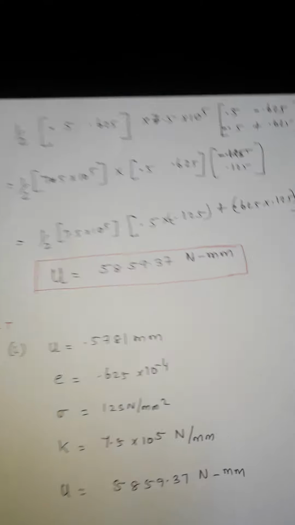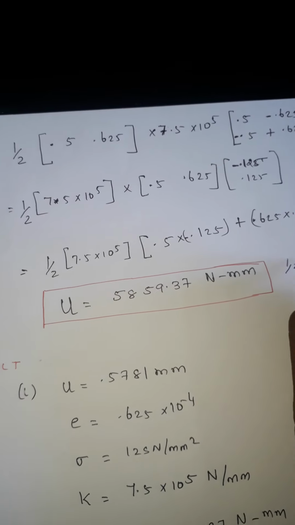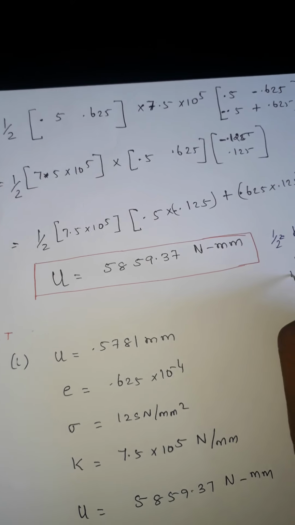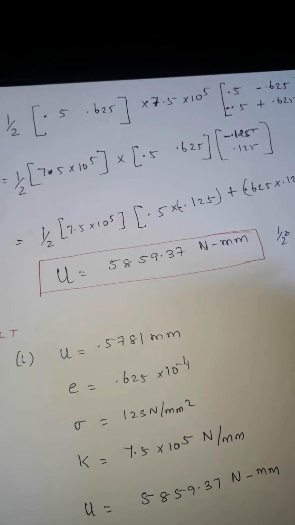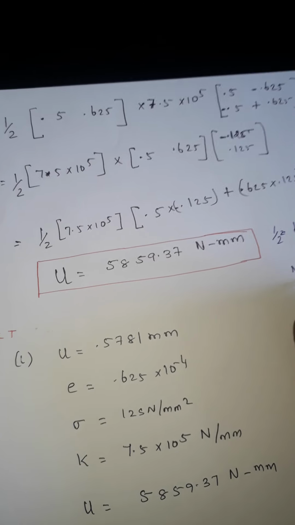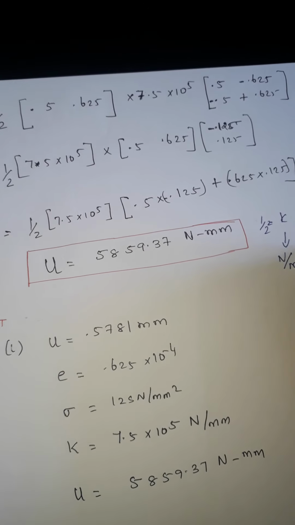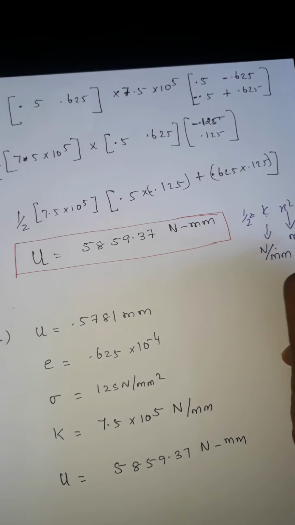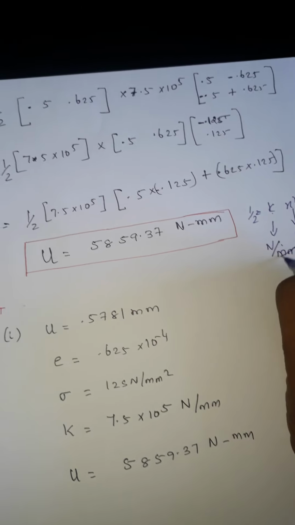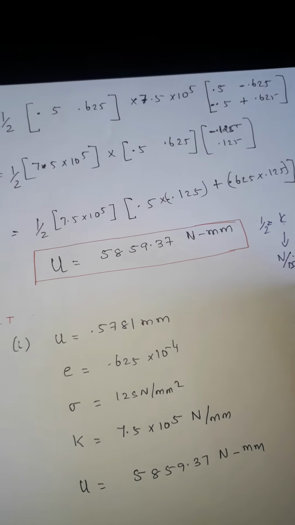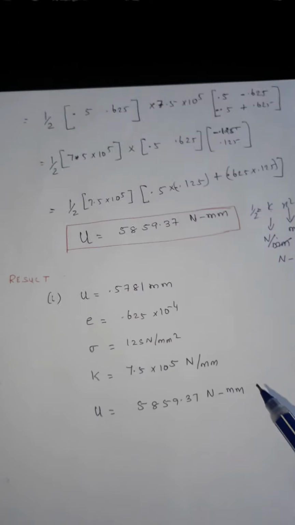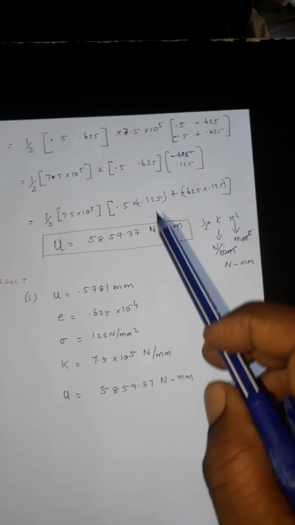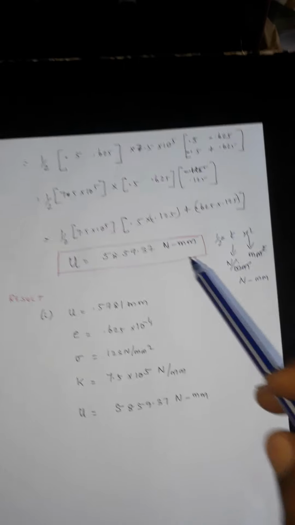Half into k x square: the unit of k is Newton per millimeter, and x square is millimeter square. So this gets cancelled and you will get Newton millimeter. Please remember this. The strain energy unit is Newton meter, Newton millimeter or Newton centimeter.